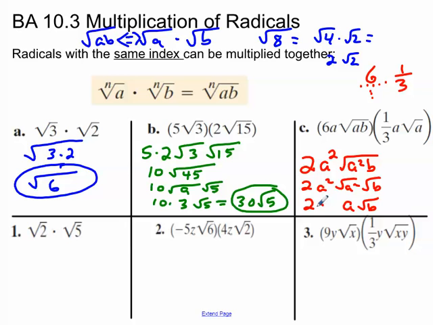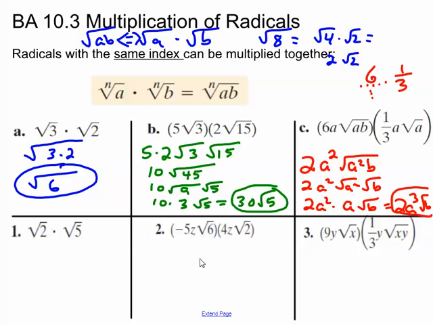It's already simplified as it is. Combine everything that's outside the house: 2a squared times a, 2a cubed times the square root of b. I'm just squeezing it in there. And there's my answer.